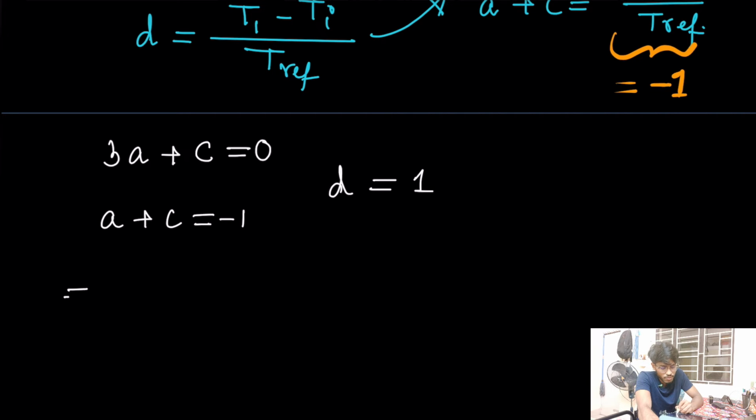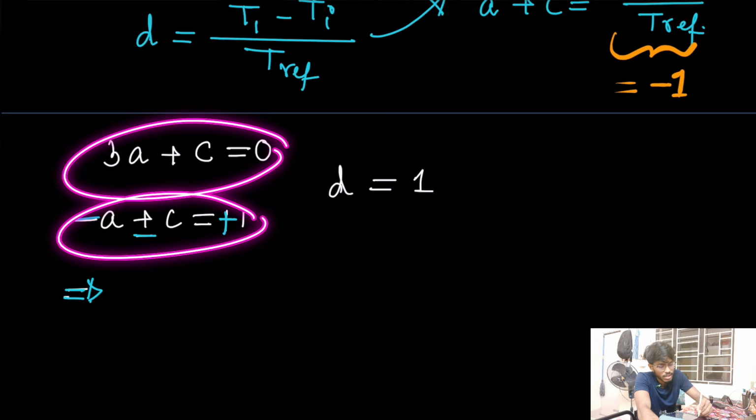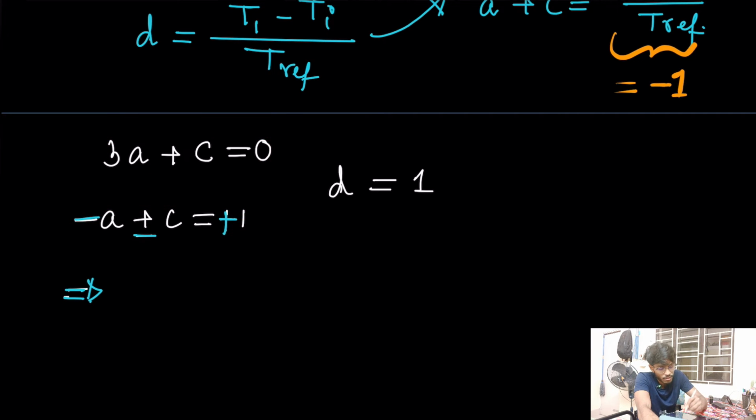I will multiply this equation by minus 1, then subtract this equation from this. Then I will get 2a is equal to 1. That means my a is equal to half.